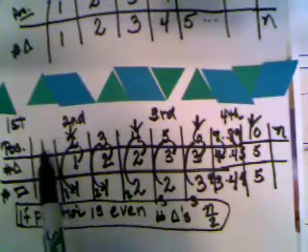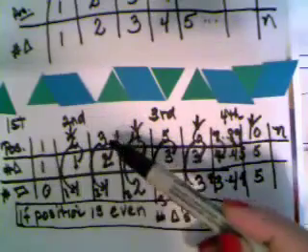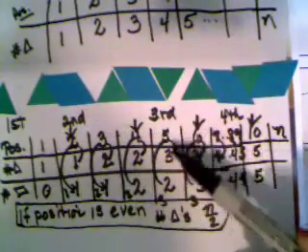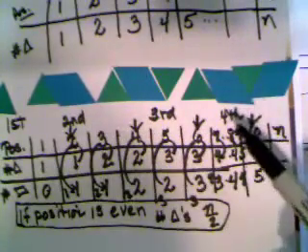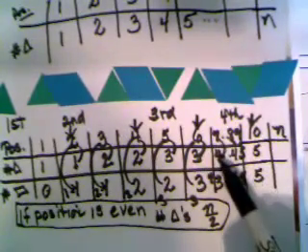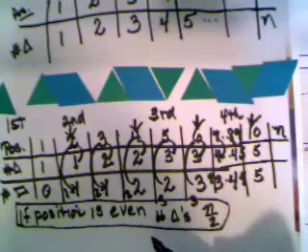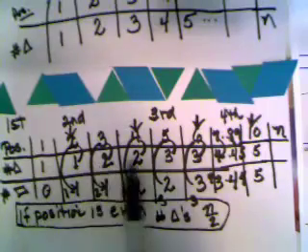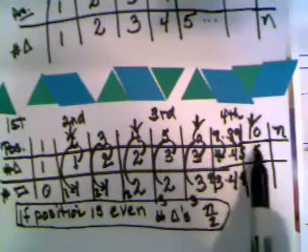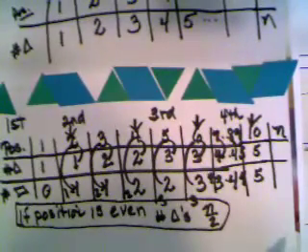We look at the number of triangles. We have 1 to 1, 3 to 2, 5 to 3, 7 to 4, 9 to 5. We have 1, 2, 3, 4, 5. We're dealing with the counting numbers.